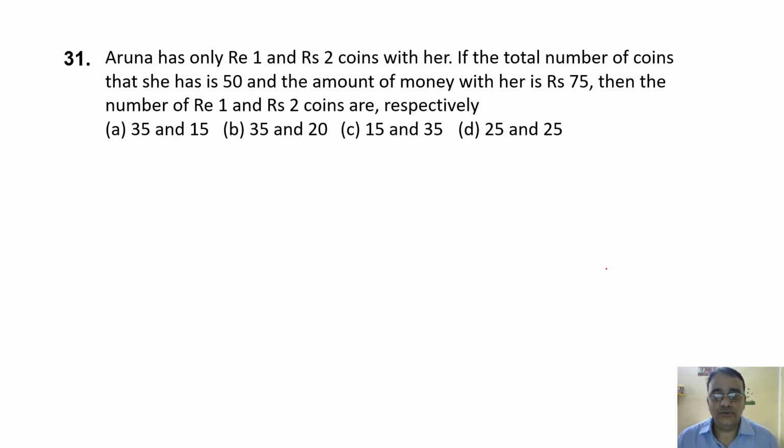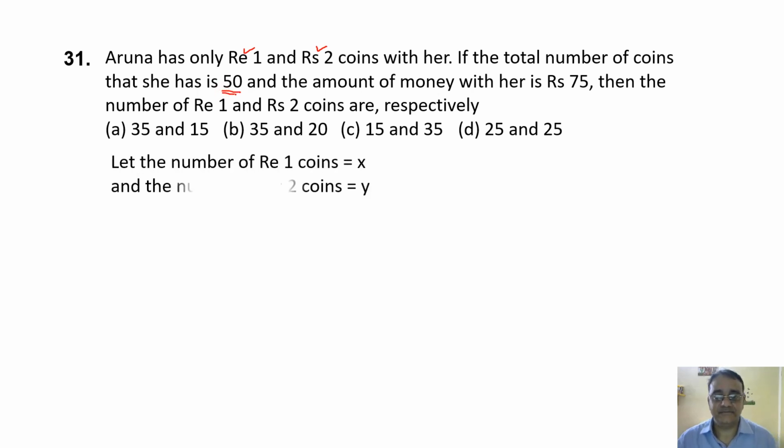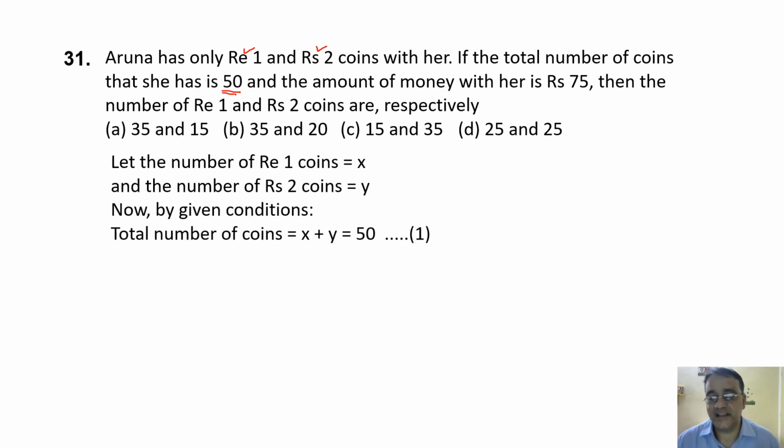So for rupee 1, let the number of coins be x, and for rupee 2, let the number of coins be y. So total number of coins is given 50, right? So x plus y is equal to 50, that is the first equation. And the second equation, total amount is 75. So what will we do, x into 1 and y into 2, and that is equal to 75.